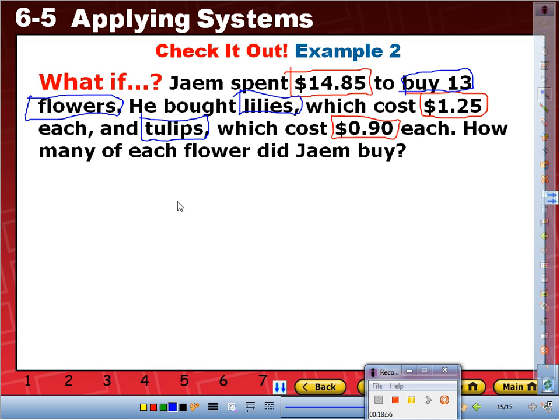All right, and let's underline the question to make sure we address the question at the end. How many of each flower did Chaim buy? Okay? So did we read it at least twice and underline key information? Yes. Step 2, write a table to organize our information and select variables. So here we go. 3 lines down, 1, 2, 3, and 2 across.